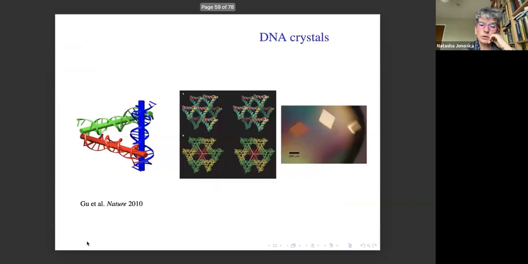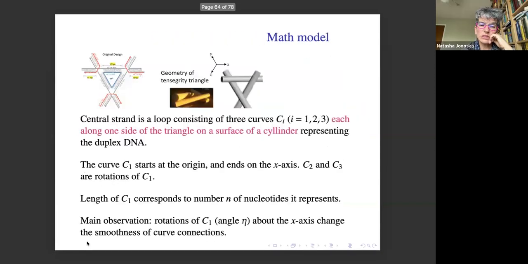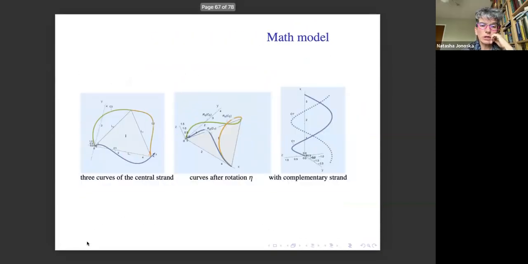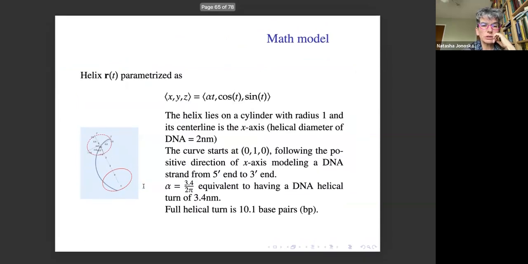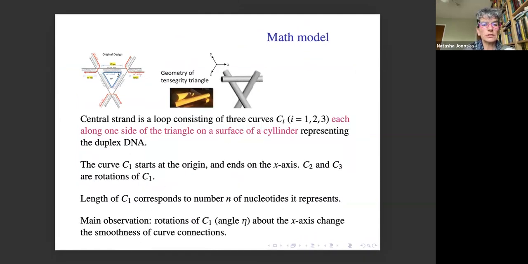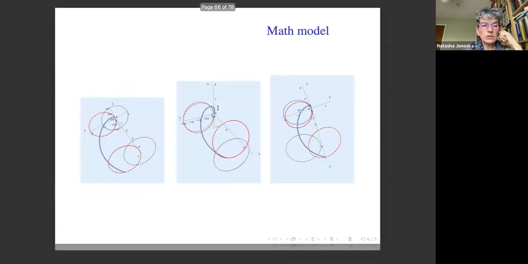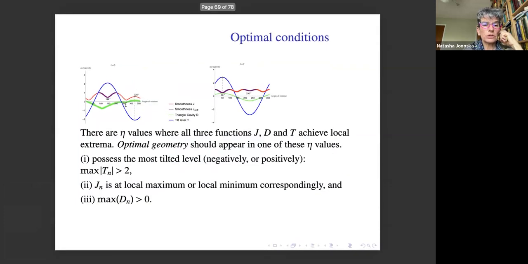Let me see. So this is the design of the central strand, the strand which I pointed out with red in my camera image that I showed you earlier. This central strand is traversing the cylinders, right? It goes from one cylinder, crossing to the other, and then crossing to the third.